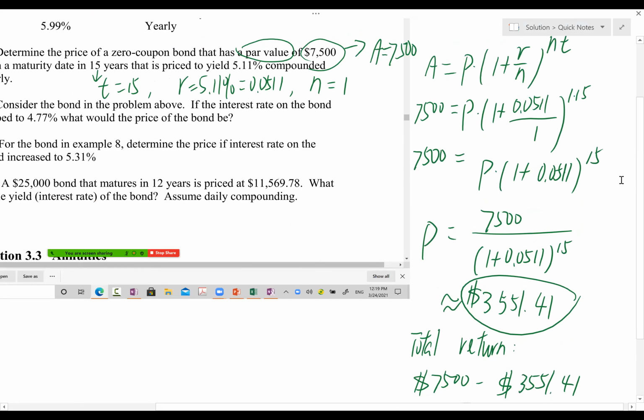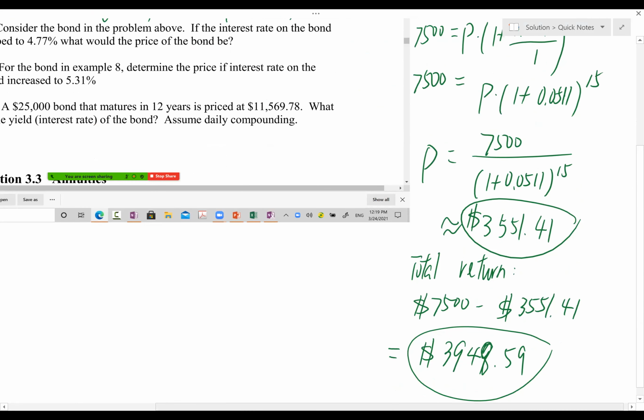And do you have any questions on this? On question 8? Yes, Professor. Did they ask for the total return, or are we just doing it for ourselves? They didn't ask for it. Yes, you're right. They didn't ask for it, but it's better to calculate that.